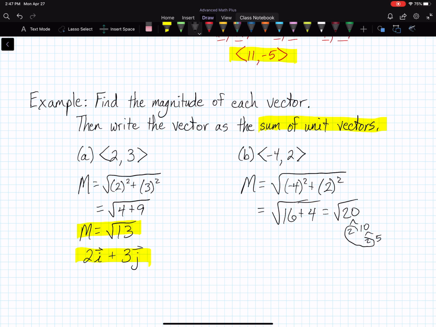And so since you have a pair of 2's, you can bring that out, and your magnitude will be 2 square root of 5. And then to do the unit vectors, you're just going to take your vector, -4 times vector i plus 2 times vector j.